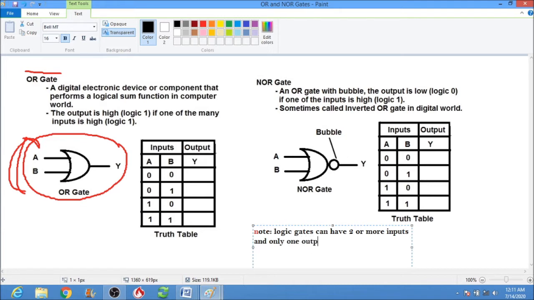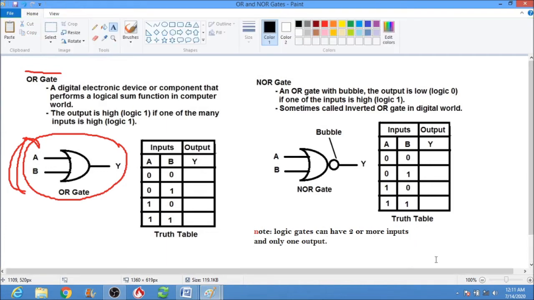So that is logic gates. Take note for the logic gates: logic gates can have 2 or more inputs but only 1 output.